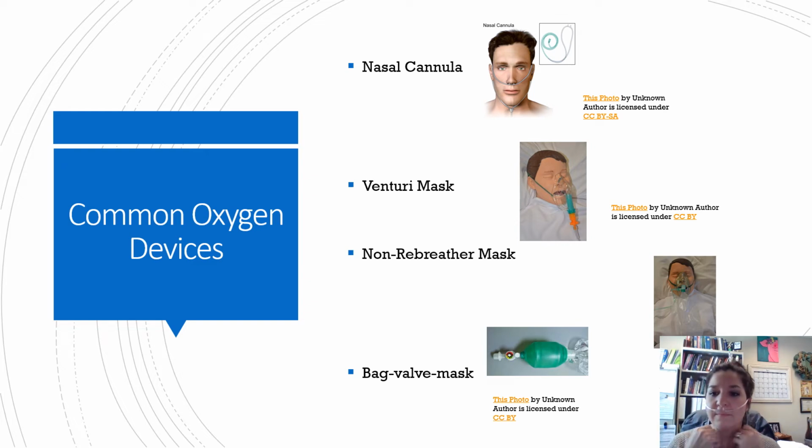Okay. The second device is the Venturi mask. This device can deliver 50%. It's very specific to what percentage it gives, and we can change it 30%, 40% FiO2. So if the physician's very specific about how much FiO2 we give, then we want to make sure that we're giving it with the Venturi mask.